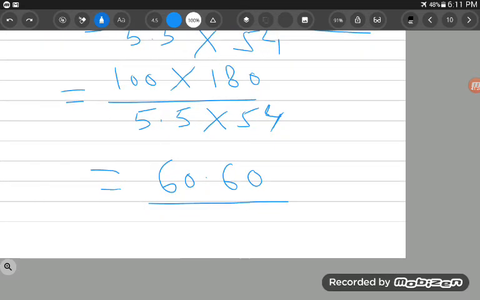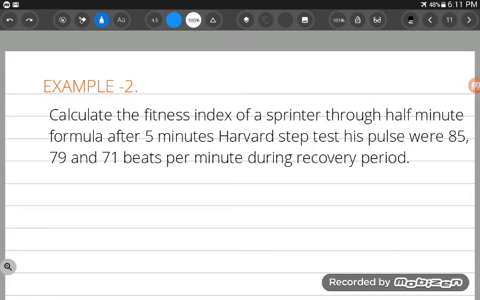But before checking your cardiovascular fitness, I will discuss example 2. See here: calculate the fitness index of the sprinter through the half minute formula.